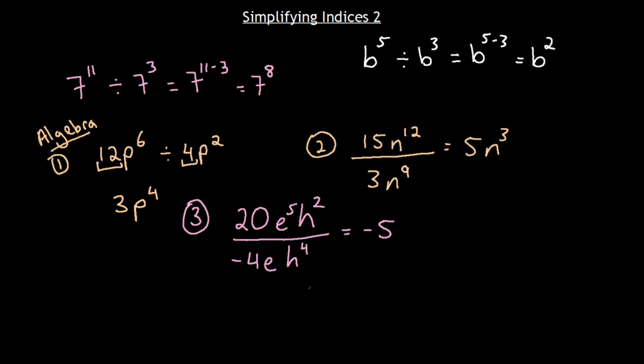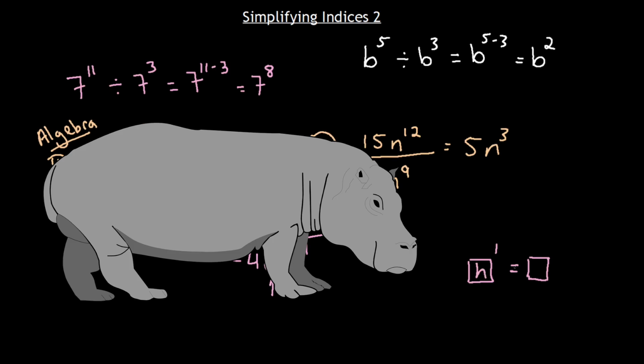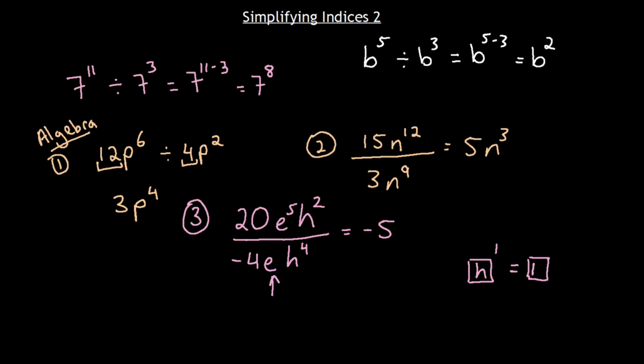Now we move on to the e's, and as you can see here, this e does not have a power. Now from the previous videos we looked at, we established that anything to the power of 1 is that thing itself. So if we had, say, H for hippos, then this would be an H. And if we had a G for giraffes, G to the power of 1 is just G itself.